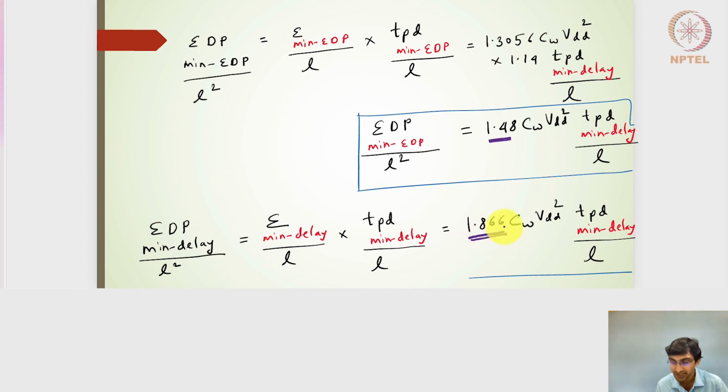So this factor is 1.866, this is 1.48, and naturally 1.48 is less than 1.866. That is what we have validated in this slide: the designs we created for the minimum EDP give the lowest EDP when compared with the minimum delay parameters. The product of energy and delay for the minimum delay parameters turns out to be 1.866, whereas here it turns out to be 1.48, so naturally it is less.